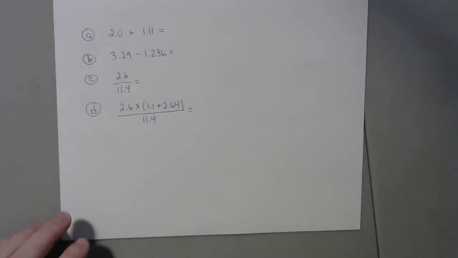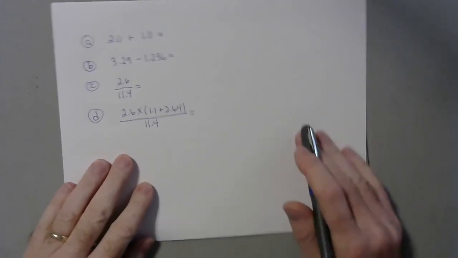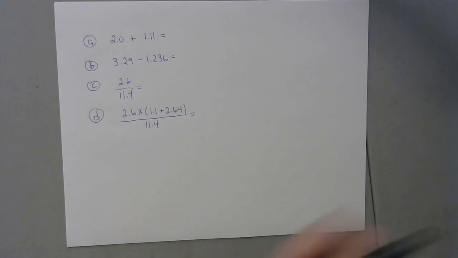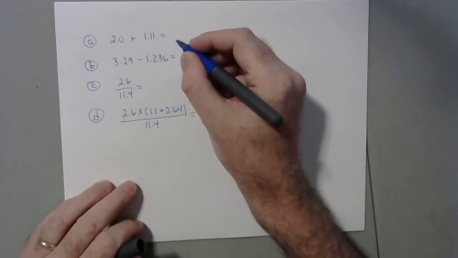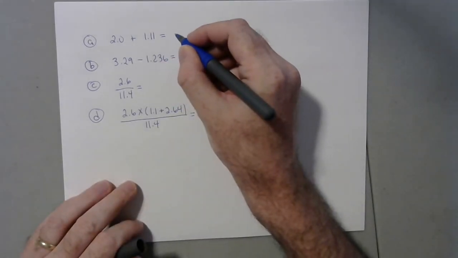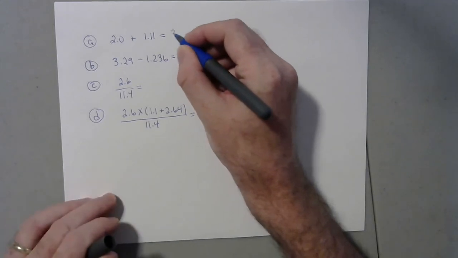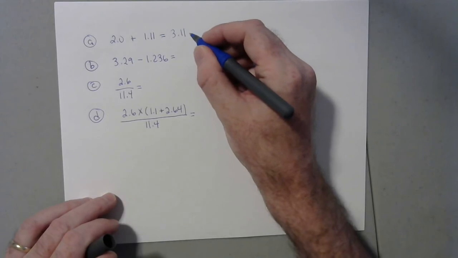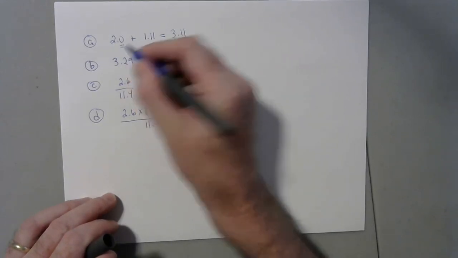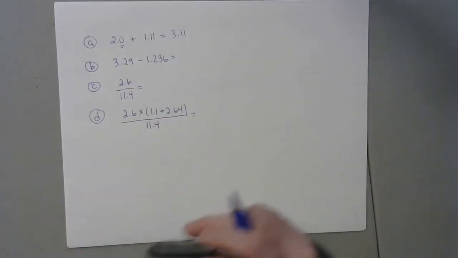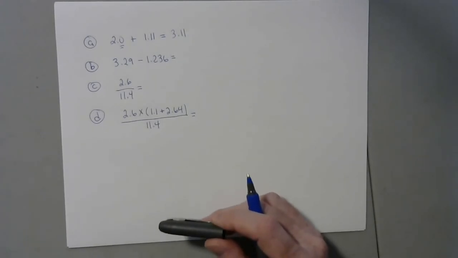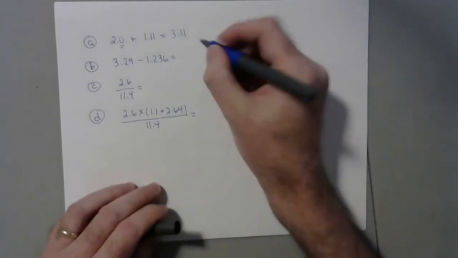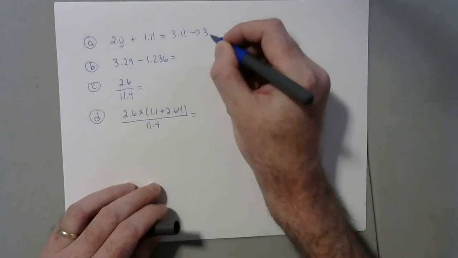So if we look at this next problem, we're going to round these off. So 2 plus 1.11, you would get 3.11, but that's not where we want to leave it. We've got to round that to the tenths place because that is the least precise number. So we're going to round that to 3.1.